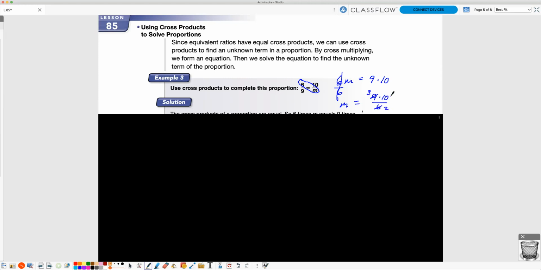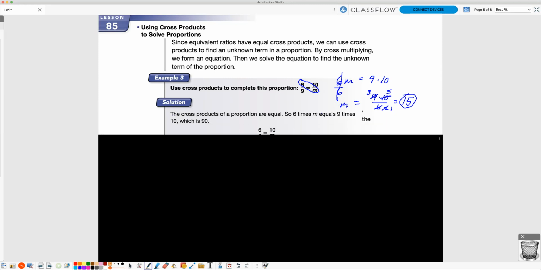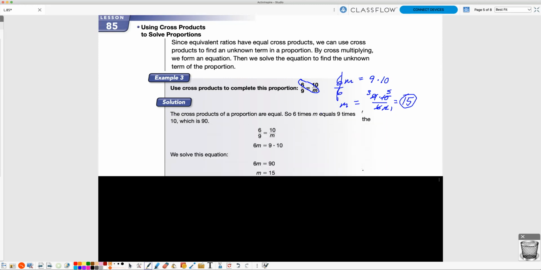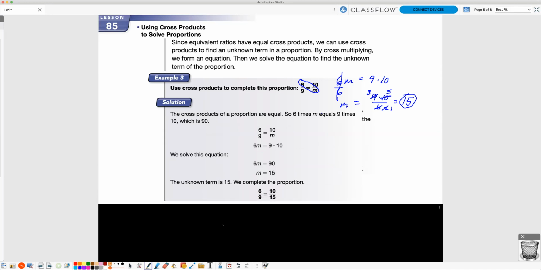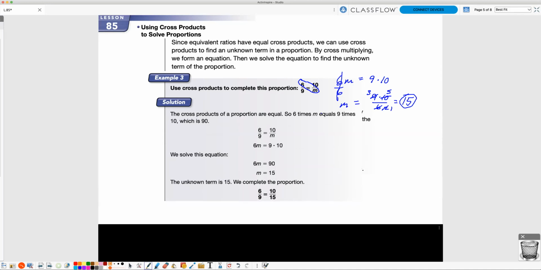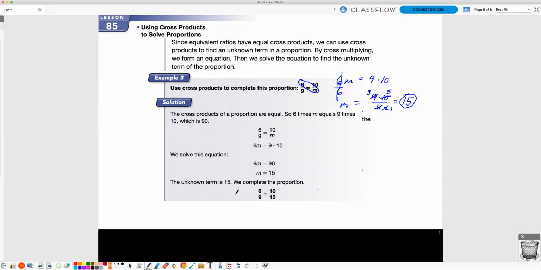And now I can see that 10 divided by 2 is 5, and 2 divided by 2 is 1. So all I'd be left with is 15 for the value of m. So the cross product would result in the unknown term being 15, and you can complete the proportion now. 6/9 is equal to 10/15.